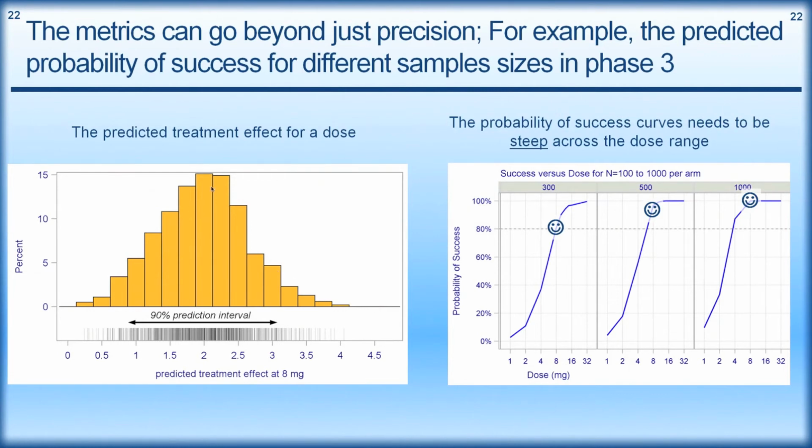So if we obtain this in phase 2, we can turn that into a probability of success for different doses. Here is the 8 milligram dose for different sample sizes: 300, 500 and 1,000 per arm. What we may see is that perhaps we need about 300 patients per arm in phase 3 for 8 milligram to be a success.